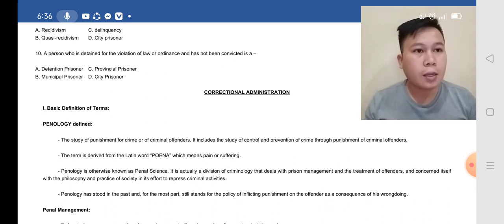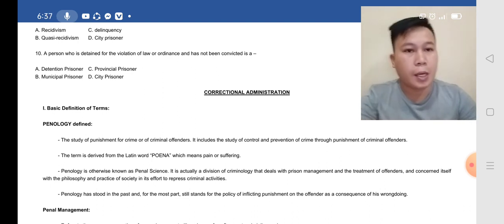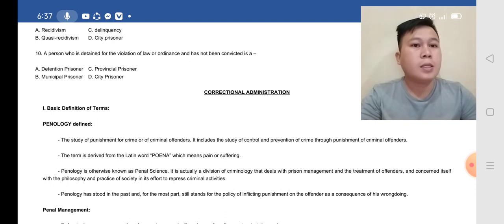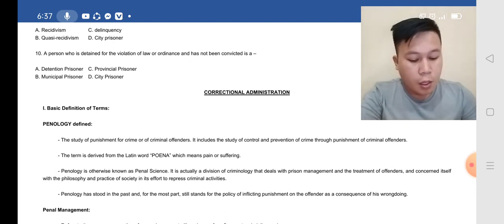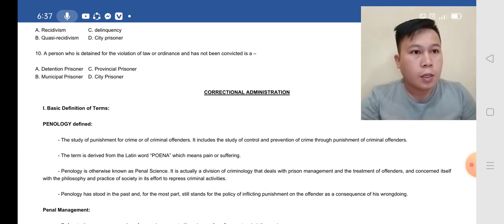So, in the Philippines, still we don't have yet, hindi pa bumabalik yung life sentence, yung tinatawag nating death penalties. Halimbawa, yung lethal injection na meron tayo dati.